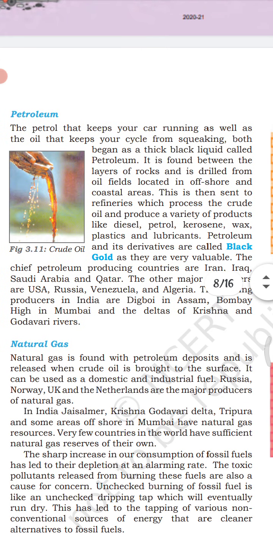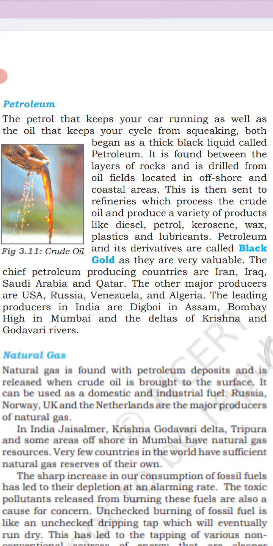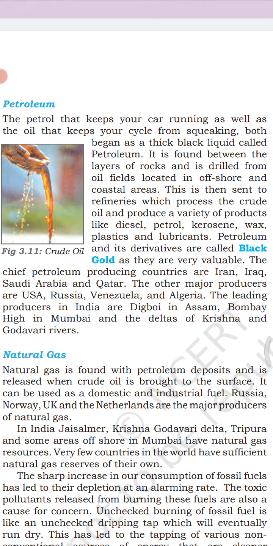Next is petroleum. Petroleum is petrol, which is used in our day-to-day life. See, the petrol that keeps your car running, as well as the oil that keeps your cycle from squeaking, both begin as a thick black liquid called petroleum.